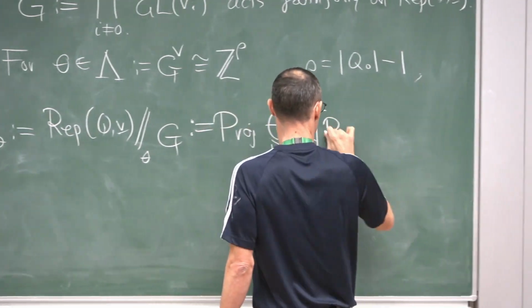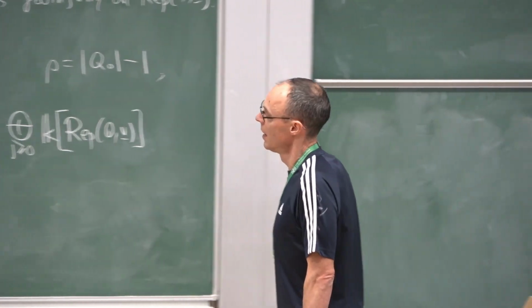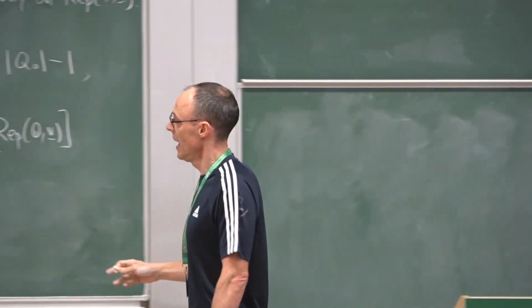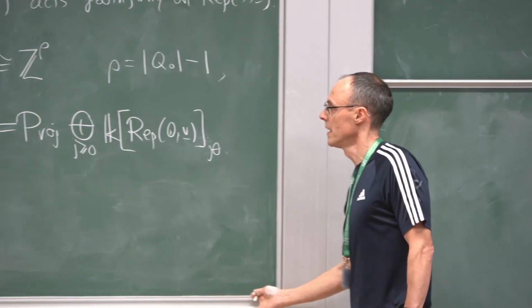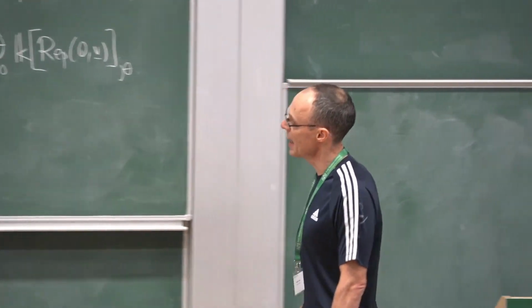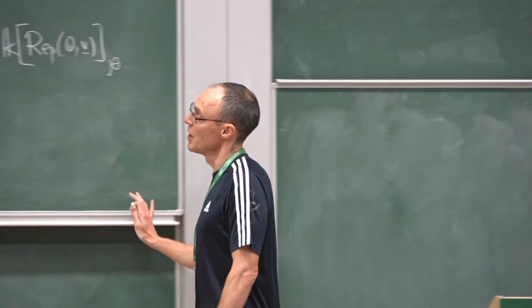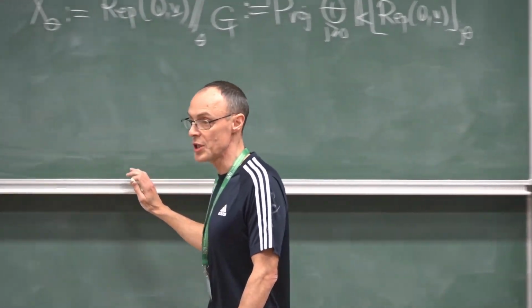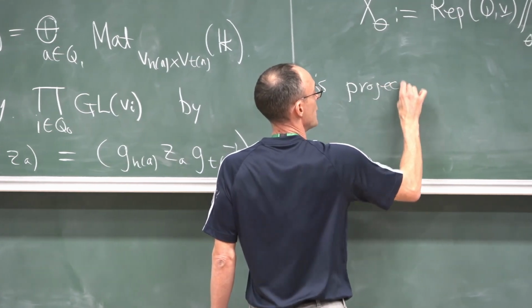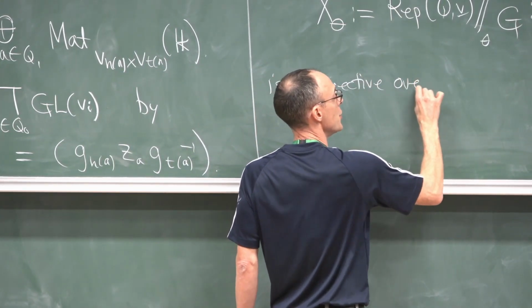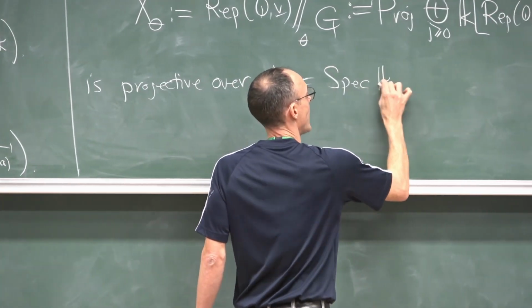I take the coordinate ring of the variety on which we're acting, and then for my theta, I take all the graded slices for j greater than or equal to 0. Same definition as yesterday, except rep and G look slightly different. So that's our GIT quotient, and just as yesterday, this is projective over the affine GIT quotient X_0, which is Spec of the ring of invariants.